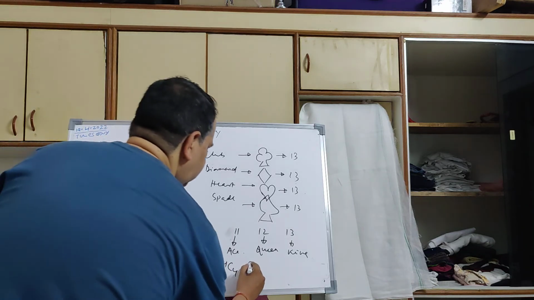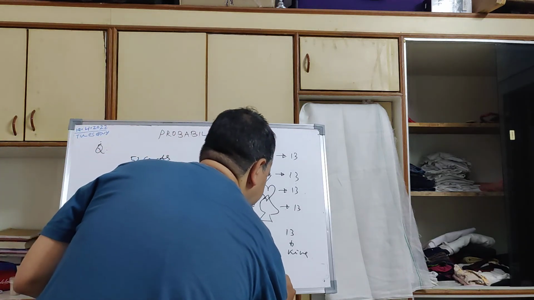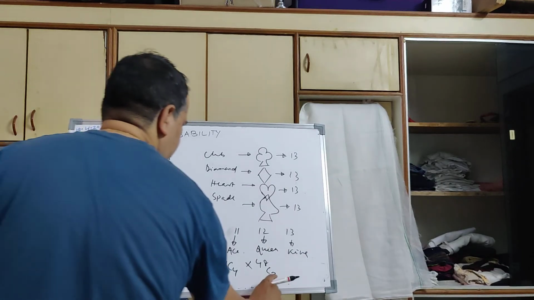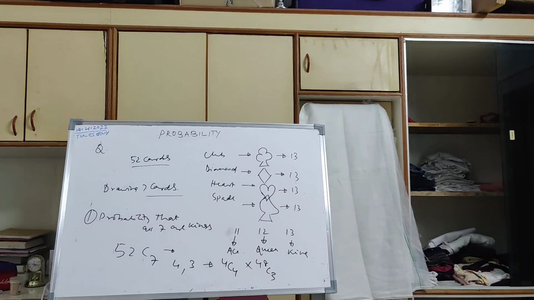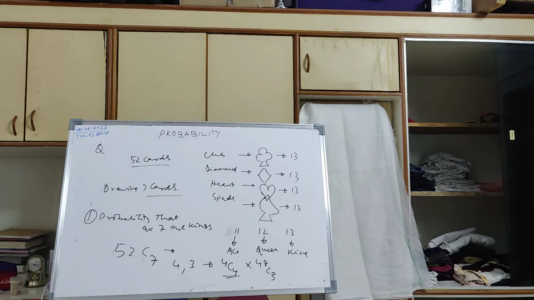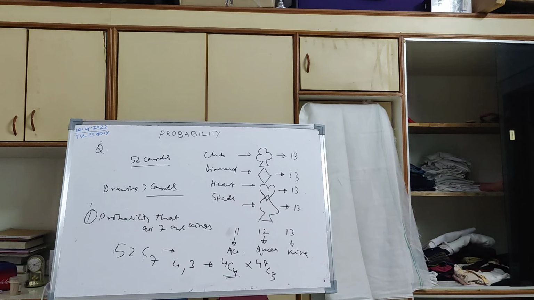And then the other 3 you have to draw from 48, so 48C3. Totally 7, so these 3 added to 4 is 7, and 4 plus 48 is 52. There is only one way you can select all 4 kings: 4C4, which is 4 factorial by 4 factorial into 0 factorial.